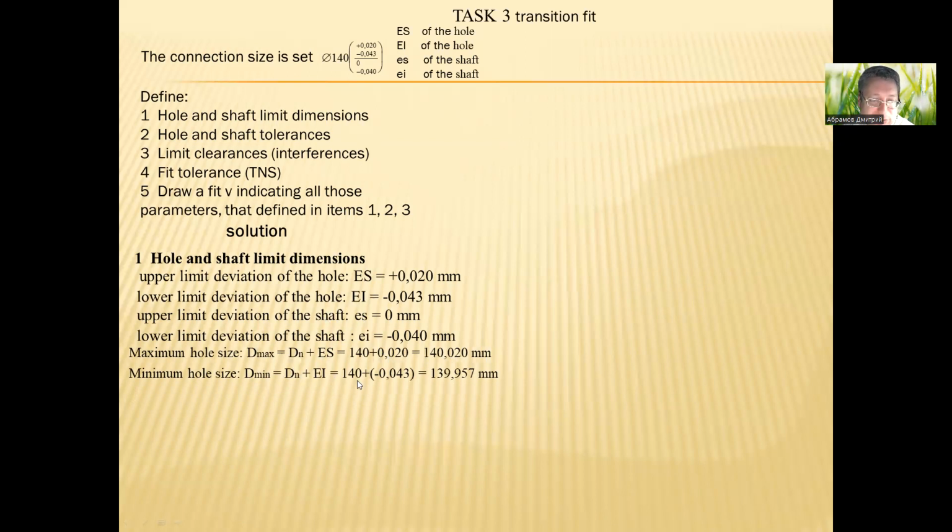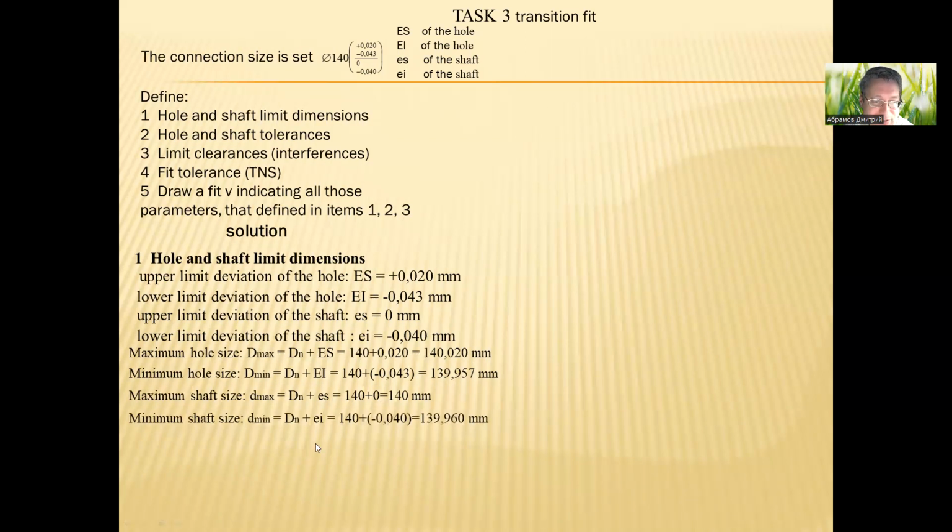Nominal diameter 140 plus big EI minus 0.043 millimeters, and we have 139.957 millimeters. Maximum shaft size, d maximum, is equal to the nominal diameter plus the upper limit deviation, and we have 140 plus 0 is equal to 140 millimeters.